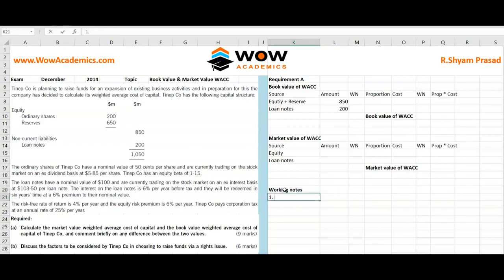So we'll start from working note 1, which is the market value of equity. To find the market value of equity, the information is given here. First we'll find the number of shares.